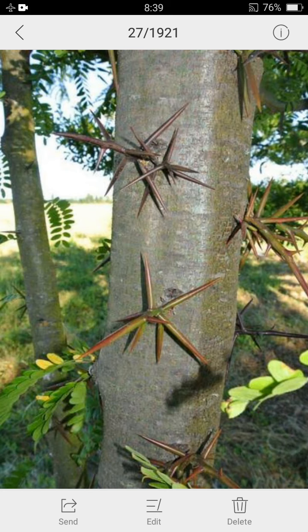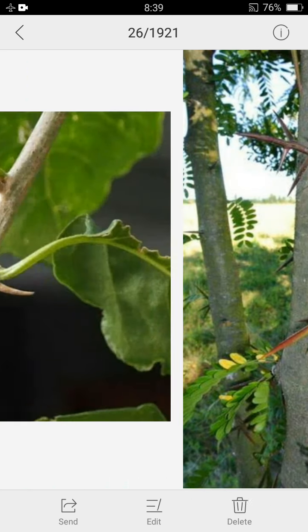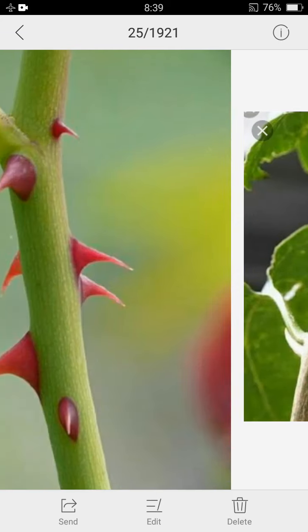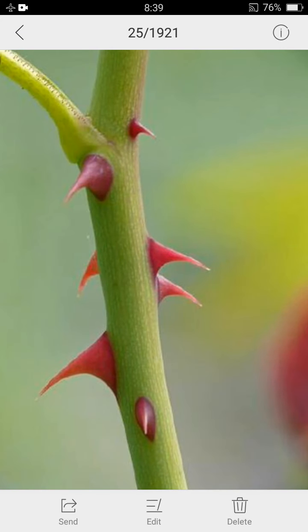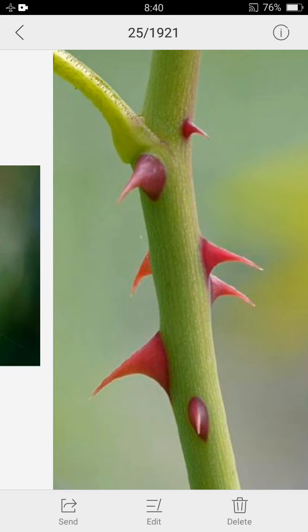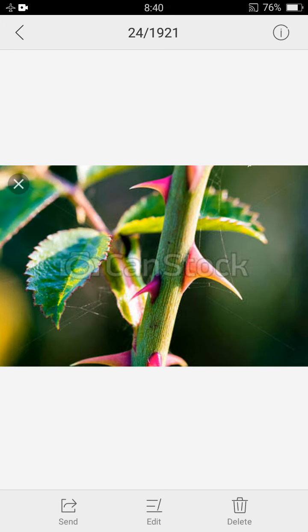Here students, I would like to bring some more important modifications of the stem in front of you. Underground stems of some plants such as grass and strawberry are also modified into different structures. The way we are seeing on the screen, axillary buds are modified into thorns in roses and bougainvillea.